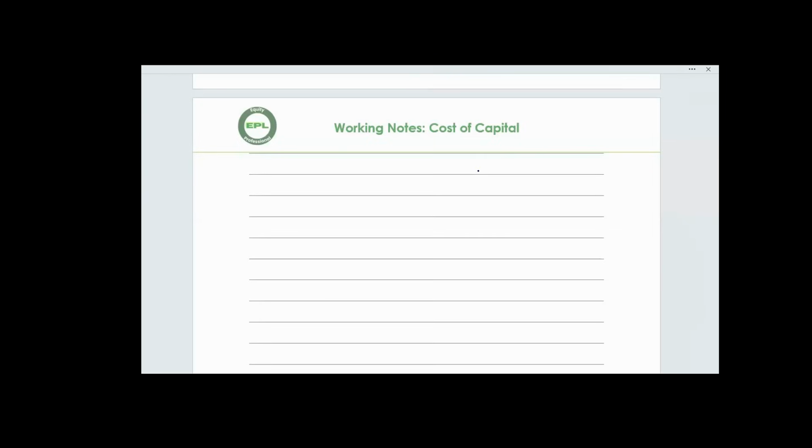These 4 steps will be calculated depending on whether you have the 4 of them in the capital structure of the company. So in some instances you may not have preference share, but certainly you are going to have equity and debt. If you don't have preference share, that means you are only going to carry out 3 steps.